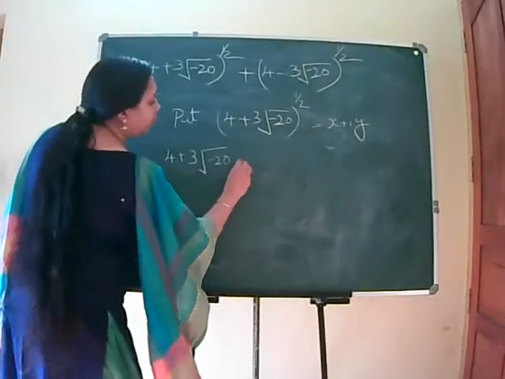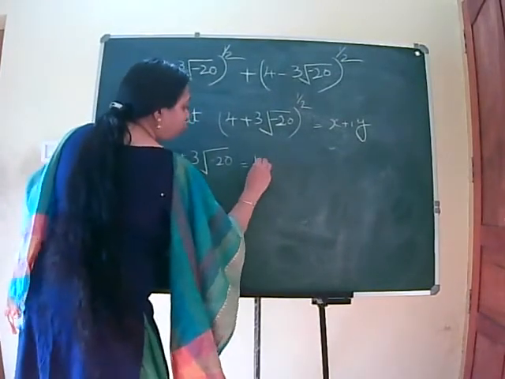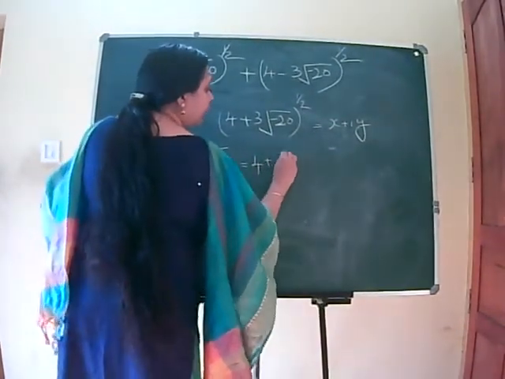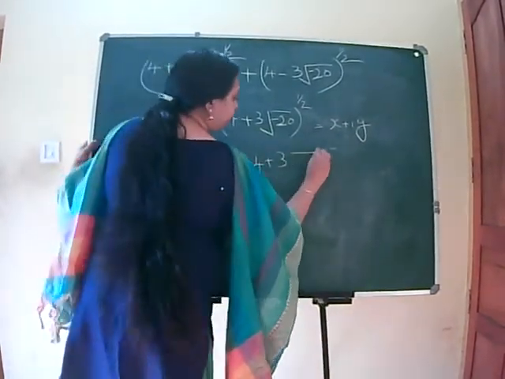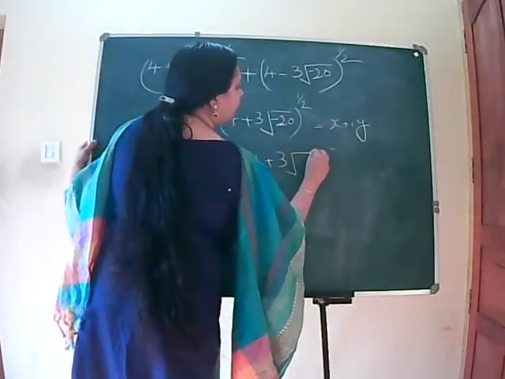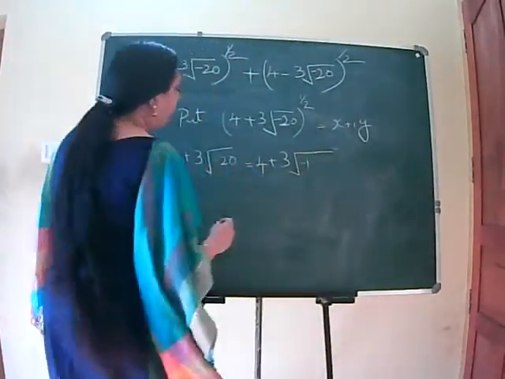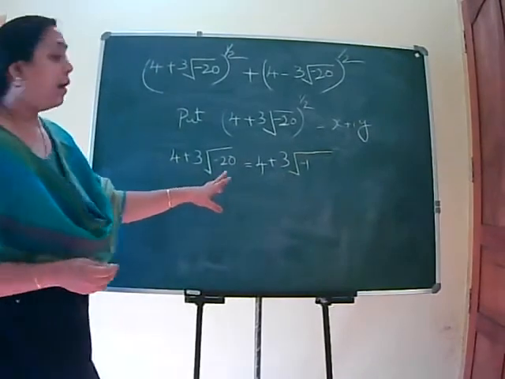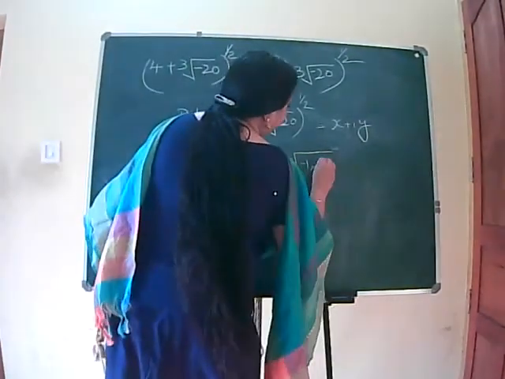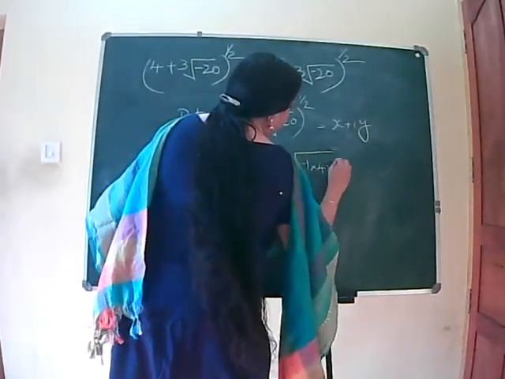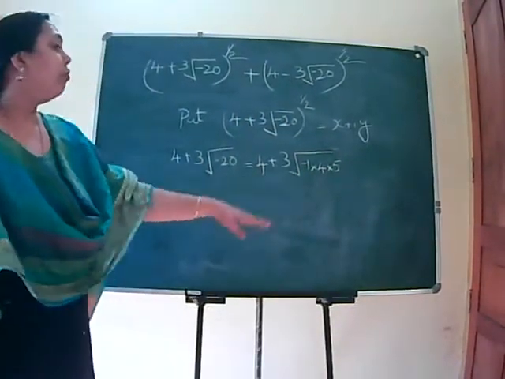That is, 4 plus 3 into minus 1 into 4 into 5.